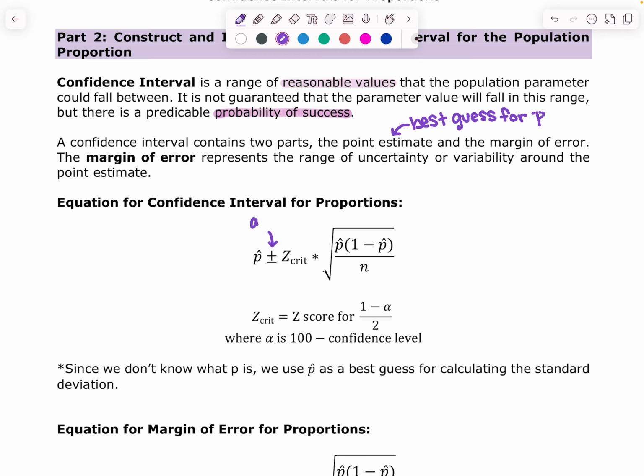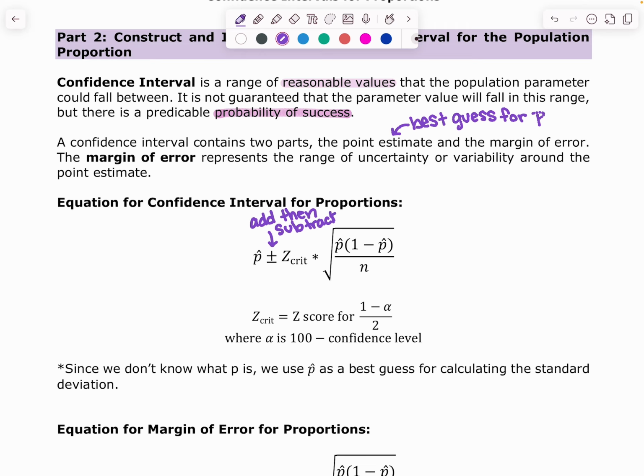So we're going to add, and then we're also going to do it again and subtract. So we're going to do this whole equation twice.